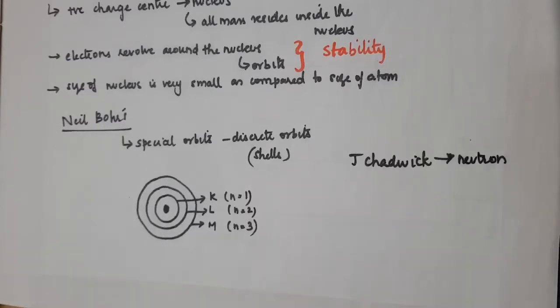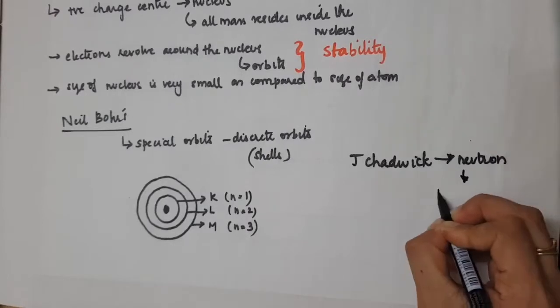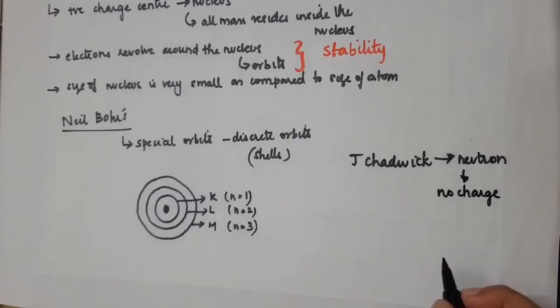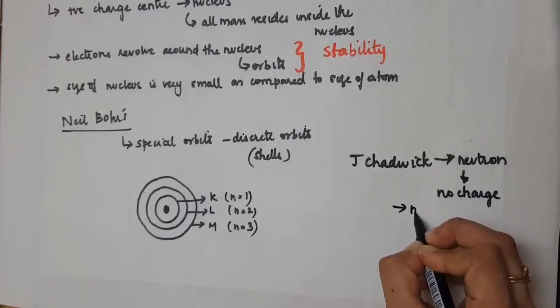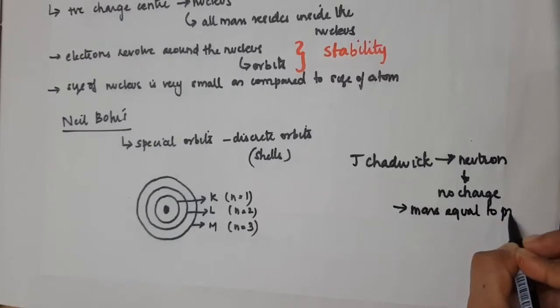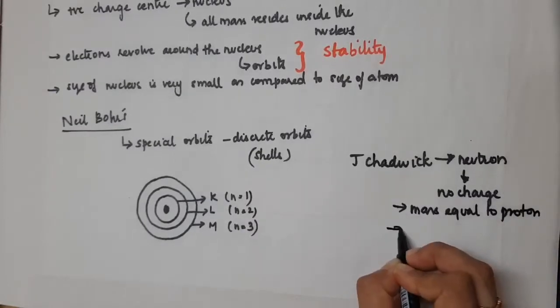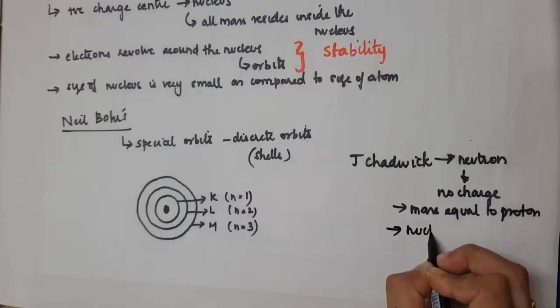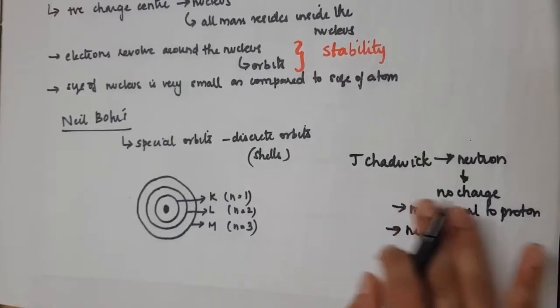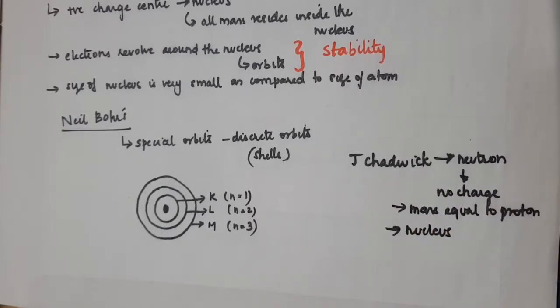He said that it has no charge, it is chargeless, and it has a mass equal to that of the proton. It is found inside the nucleus of an atom.